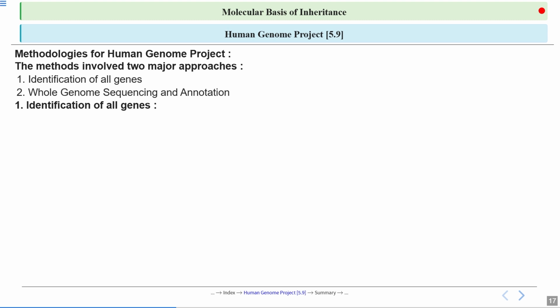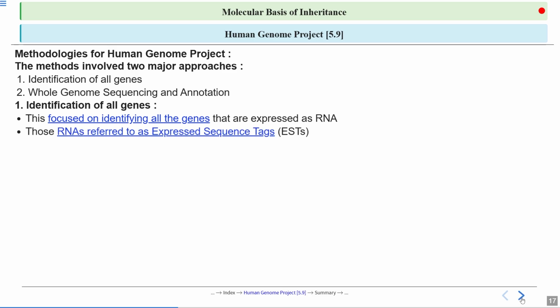If we talk about the first, identification of all genes, this focused on identifying all genes that are expressed as RNA. Those RNAs are referred to as expressed sequence tags, EST.